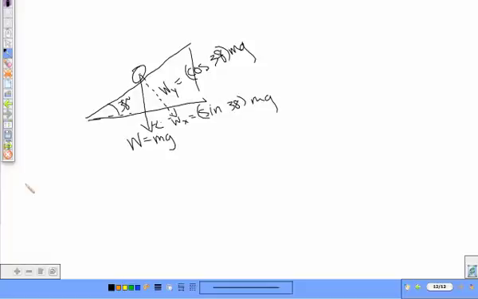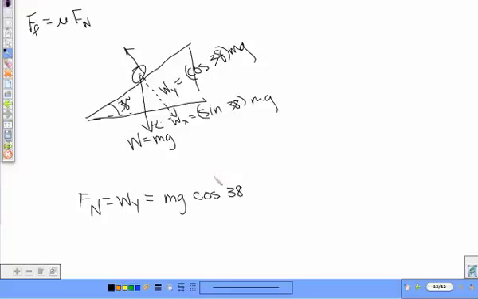So our force of friction is equal to mu times the normal force. And we know the normal force is in this direction right here. So the normal force is equal to WY, which is equal to mg times the cosine of 38, right? You could put weight, but we're going to need it as mg, you'll see.